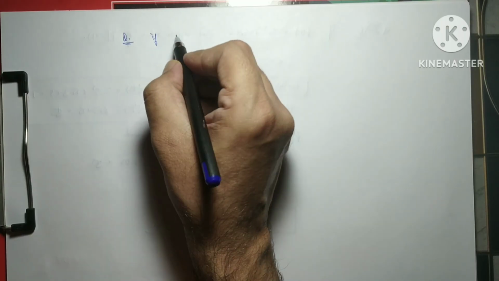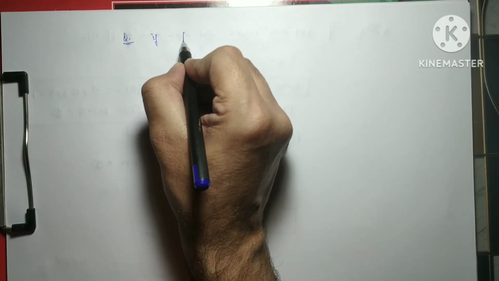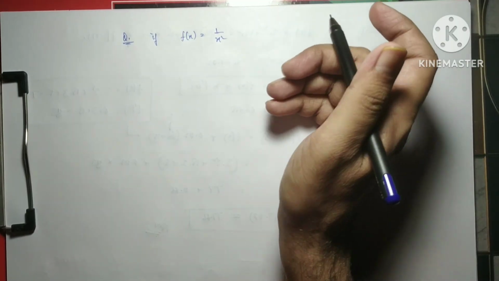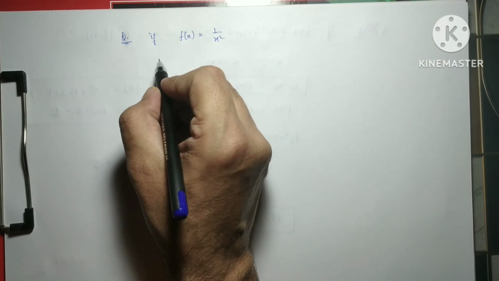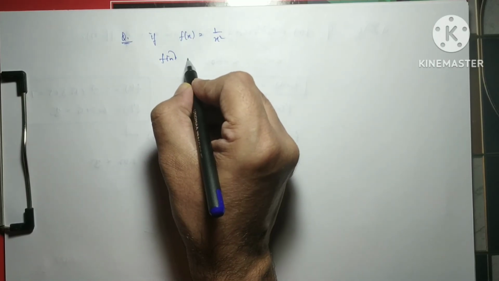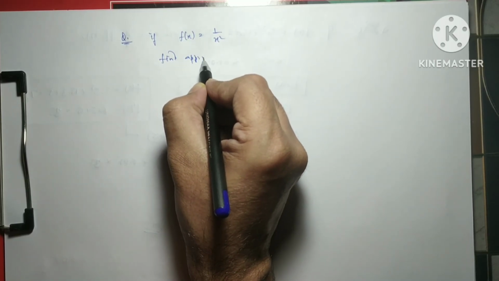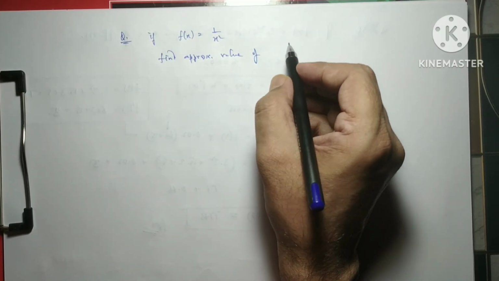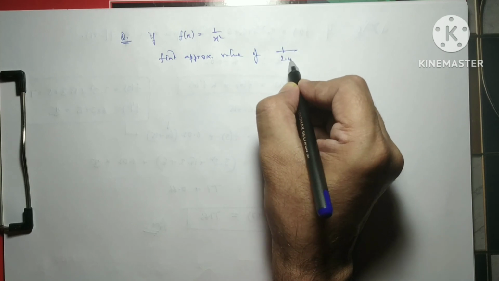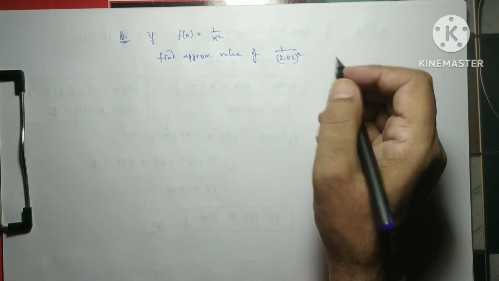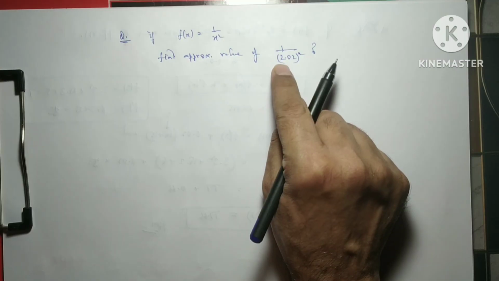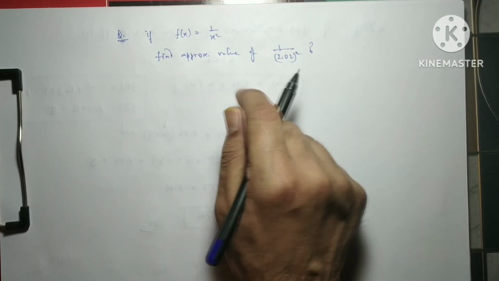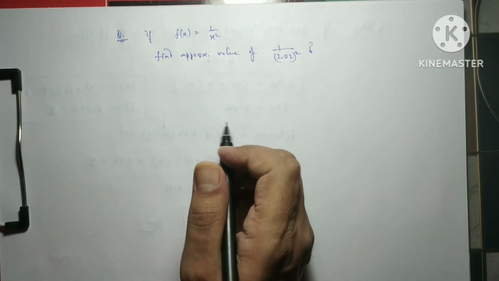If f(x) equals 1 over x square, find the approximate value of 1 over 2.02 square. The function is 1 over a variable square, so it is 1 over x square.